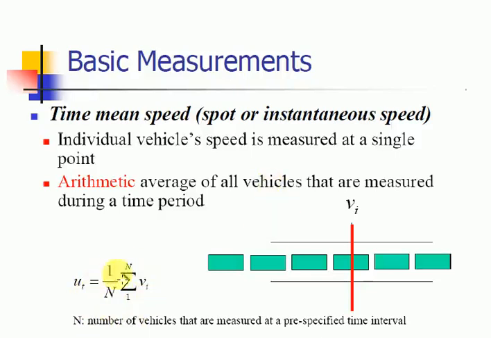How the calculation is done, I have told earlier: it is a summation, the average speed at a particular point with respect to the number of vehicles that have crossed. Suppose this is the point, and whatever vehicles are crossing this point, you can calculate their speed. So you are calculating the speed at a particular instantaneous point, not over a particular stretch.